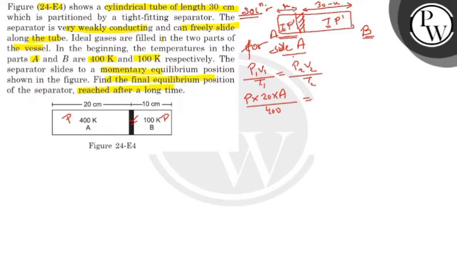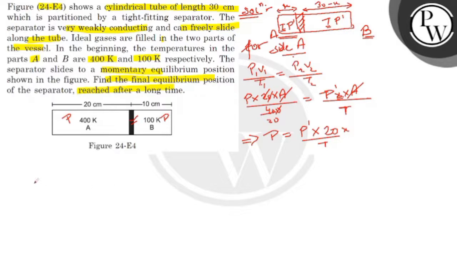Here the temperature is T, volume is x into A, and pressure is P dash. You get 20 A divided by 400, and A is cancelled out by A, and you get the equation P is equal to P dash into 20x divided by T. Here is x, don't forget this.